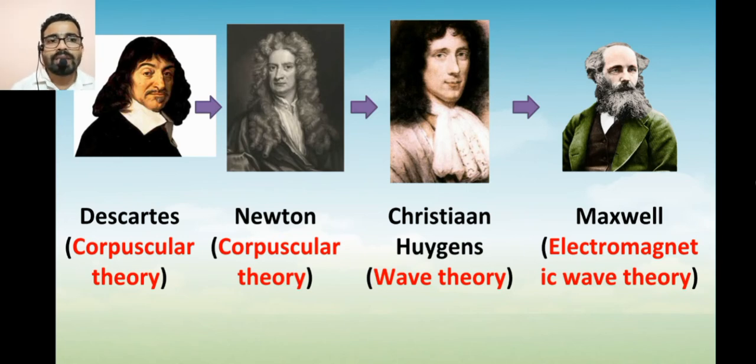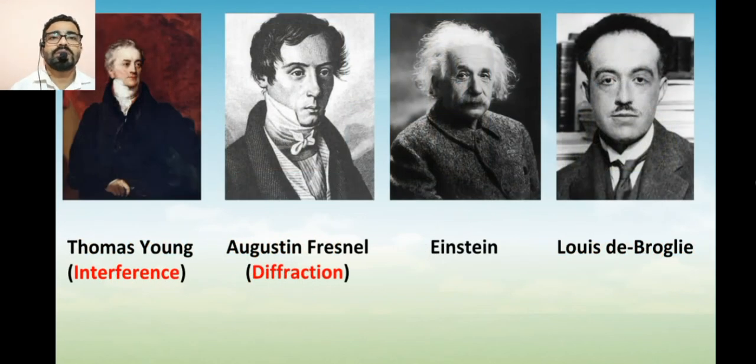Even after Maxwell, there were some other scientists who also contributed to the development of the field of light. Those scientists are Thomas Young, Augustin Fresnel, Einstein, and Louis de Broglie.